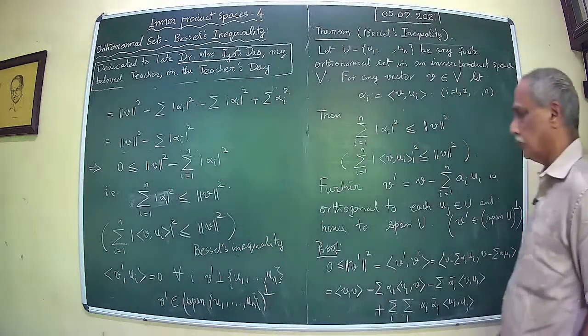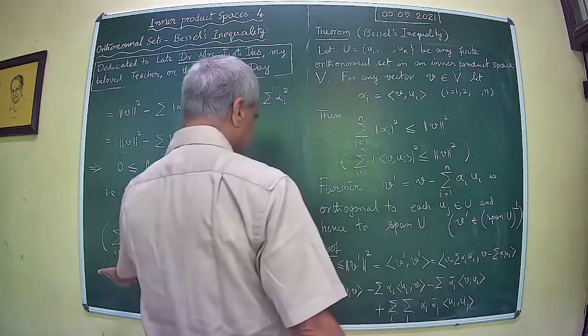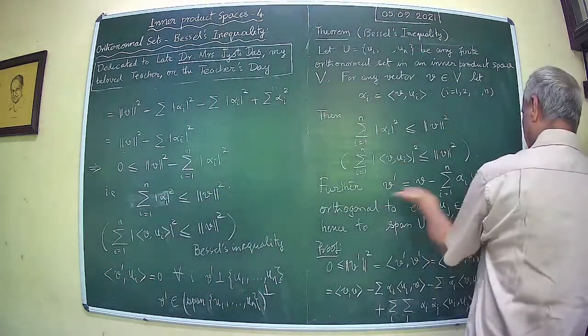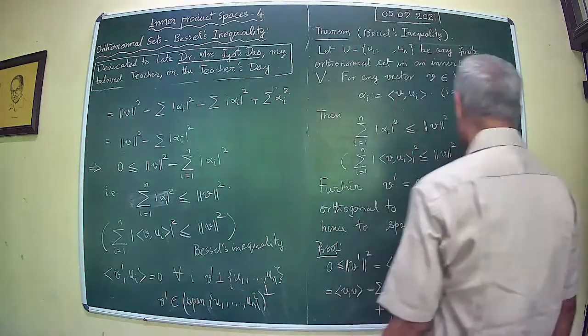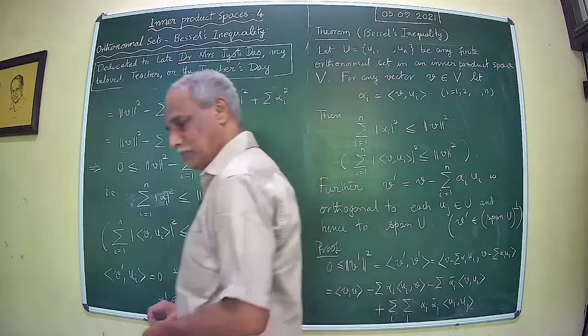That completes the proof. Now this is a simple, direct computation. You have the expression for v prime, take dot product with ui, use orthogonality. That's all. It's a very direct computation.